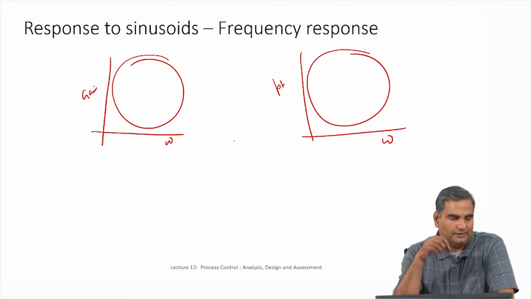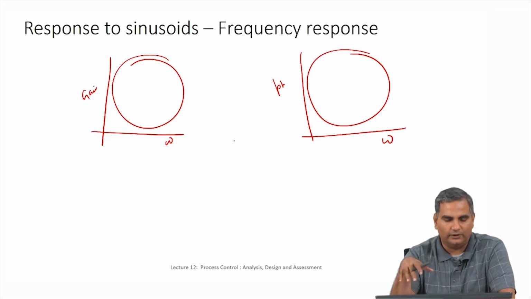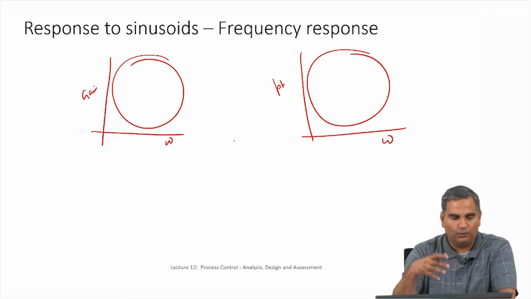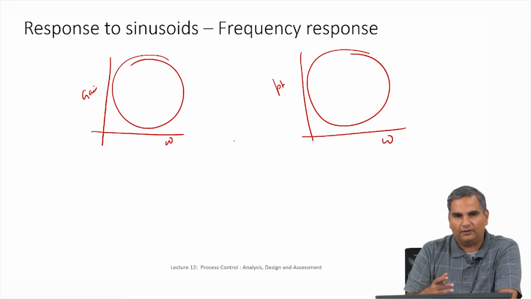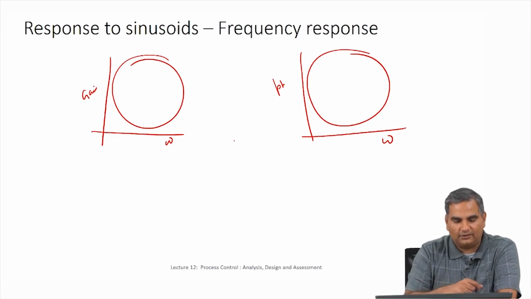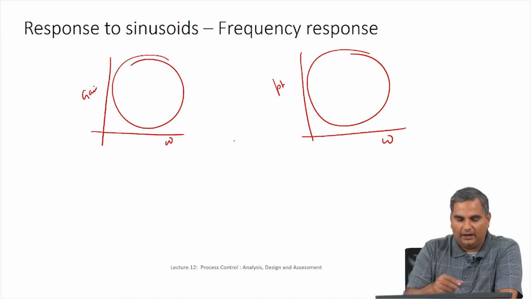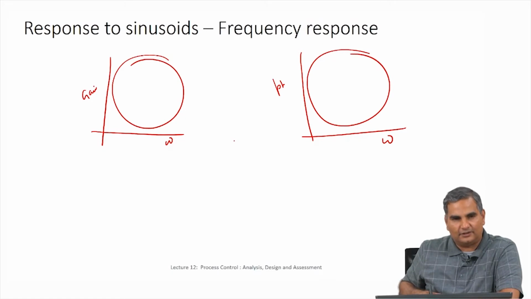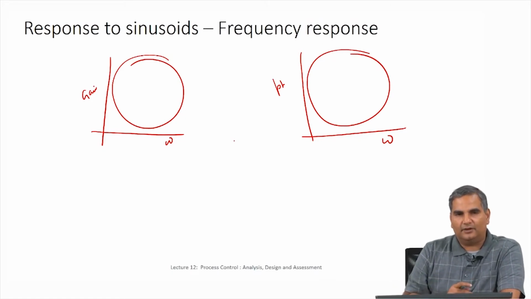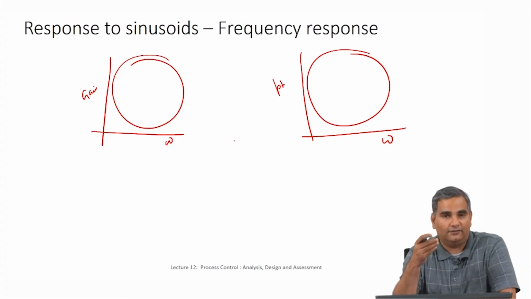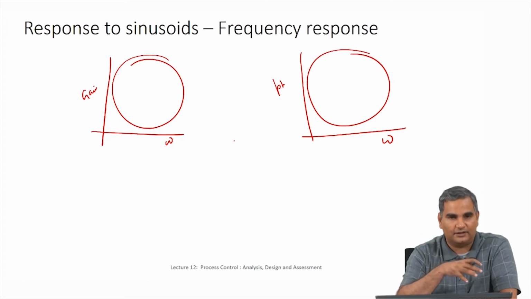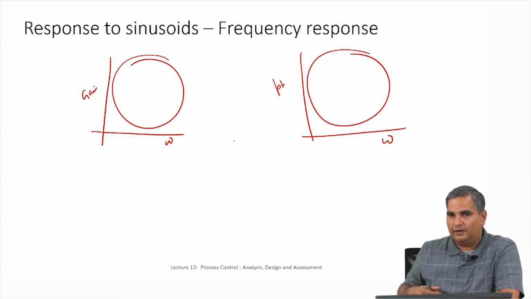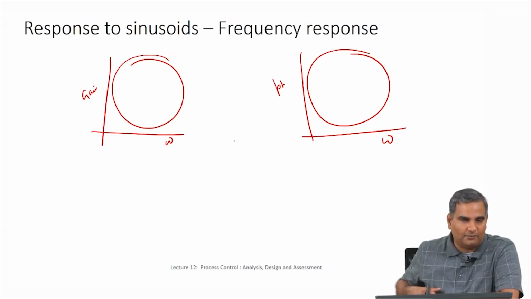And now, since I focus on the notion of partial fractions and doing this, you do not need to know much more to analyze this a lot more carefully, because you could take a second order system and then see how the gain varies as a function of omega, how the phase varies as a function of omega, and so on. And there is some standardization in terms of how do you get the gain and the phase as a function of the transfer function, which I am going to give as a homework assignment for you to do.